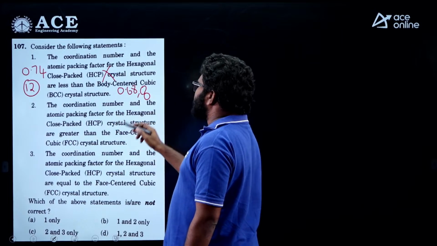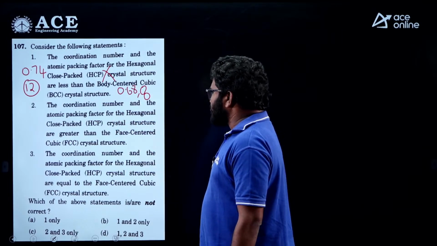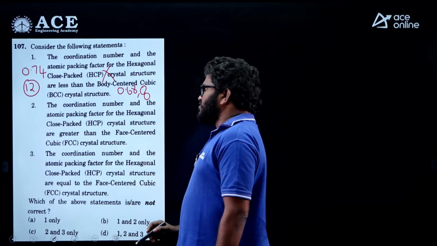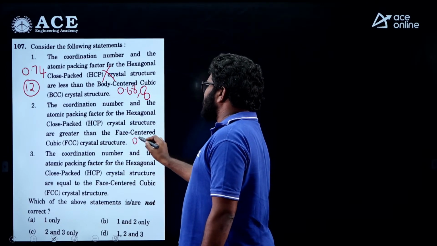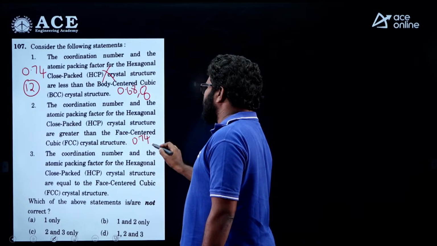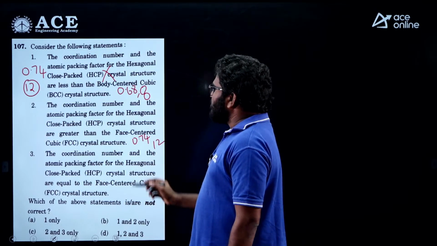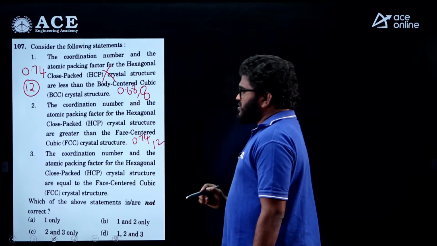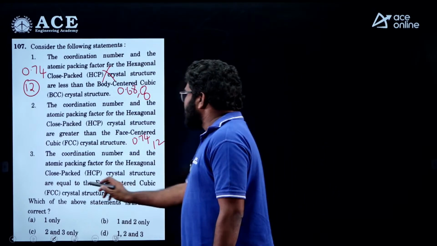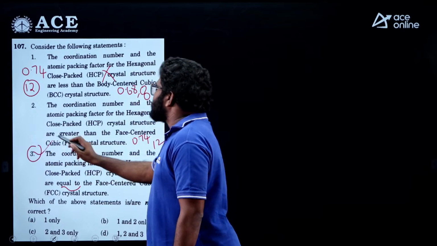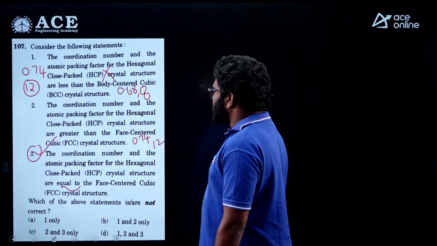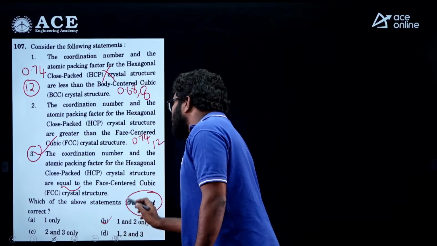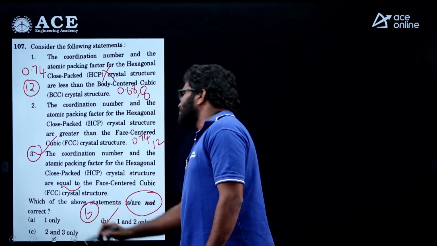Next, the coordination number and atomic packing factor of the hexagonal close packed structure are greater than the face-centered cubic structure. Face-centered cubic also has an atomic packing factor of 0.74 and coordination number 12. So the atomic packing factor and coordination number of HCP and face-centered cubic structures are both the same. That's why only the third statement is correct. The remaining two statements are not correct, and in the question 'not' is given. That's why 1 and 2 are the correct answer. So B is the correct option for this question.